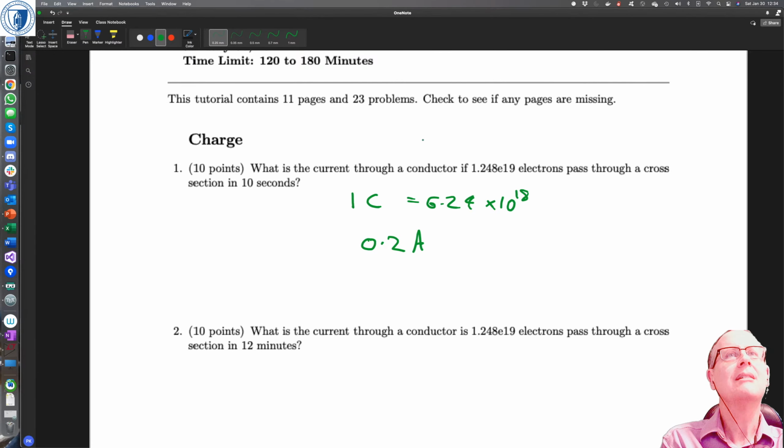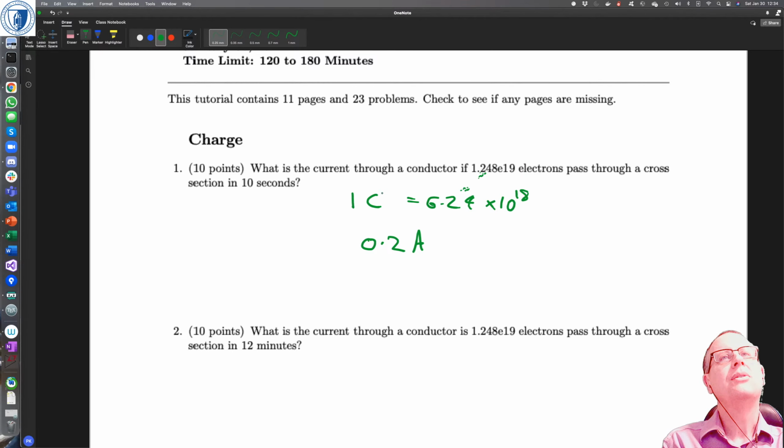There's about a factor of 2 between those two numbers. 1.248 by 10 to the 19 electrons is about 2 coulombs, and then coulombs per second is the current, amperes.